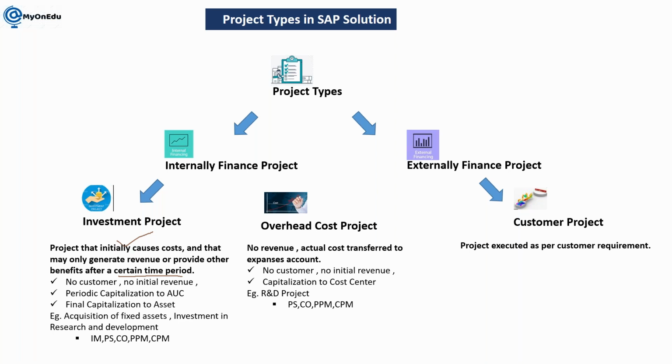So we will have customers, and based on their requirement, we will execute the project. And here we have a strategy to execute. We need to decide based on our organization strategy whether we are going to execute this project or not. Let's say for Wipro Technology, if it is a SAP implementation, that's fine.